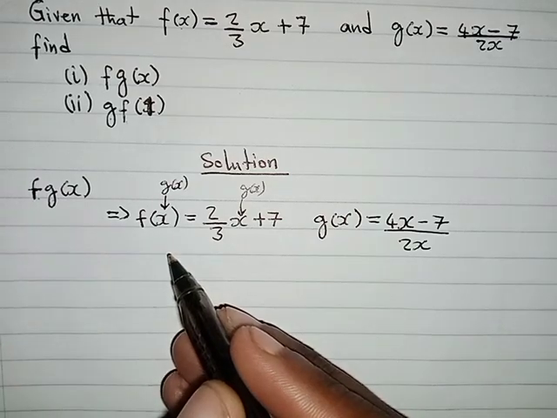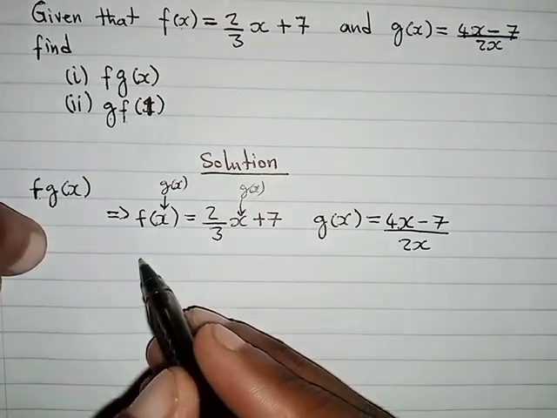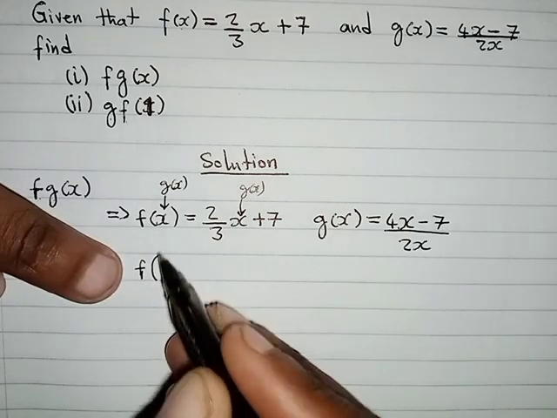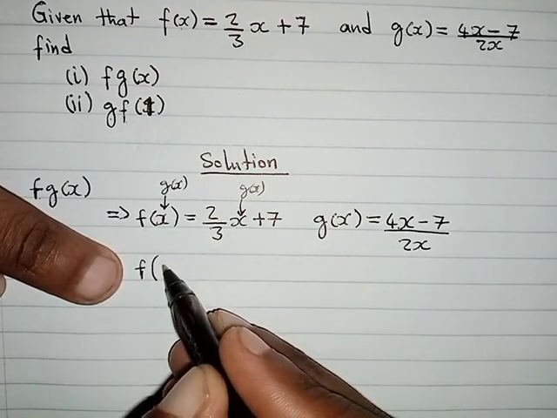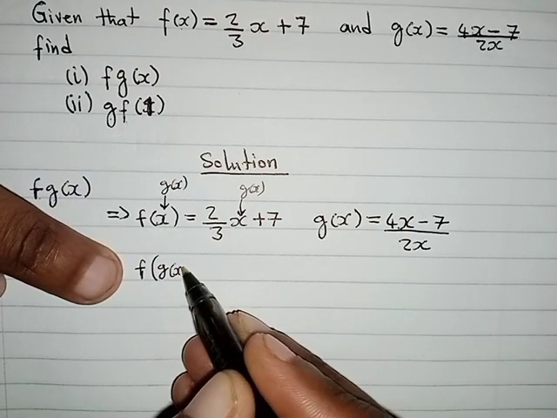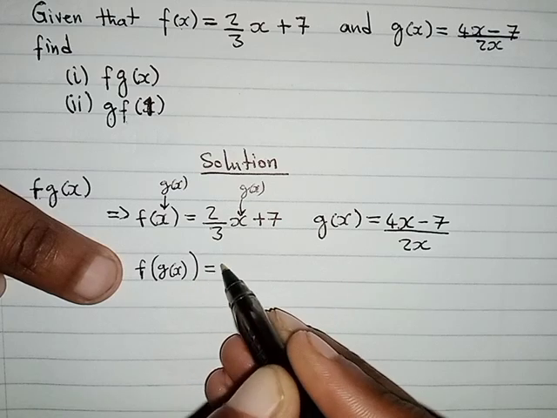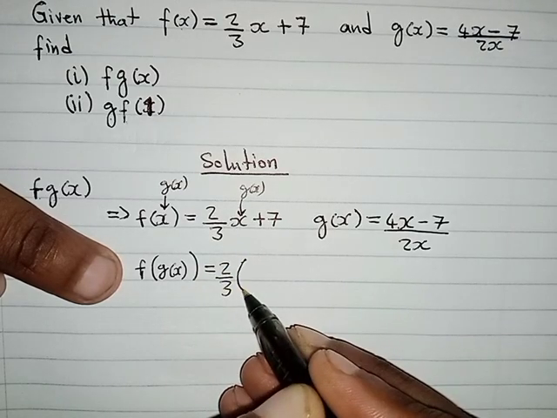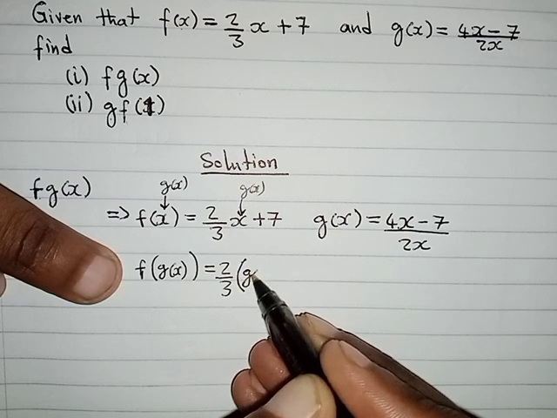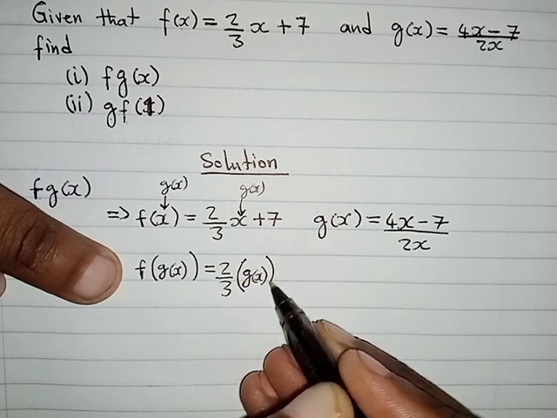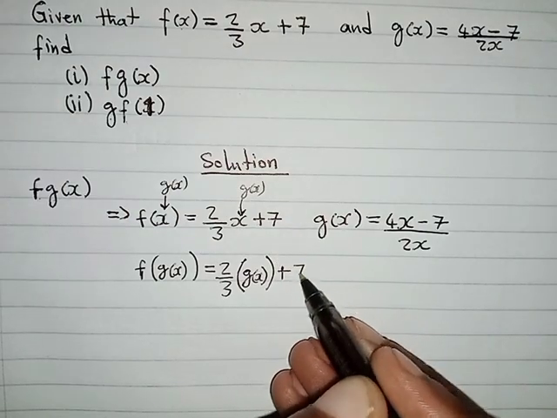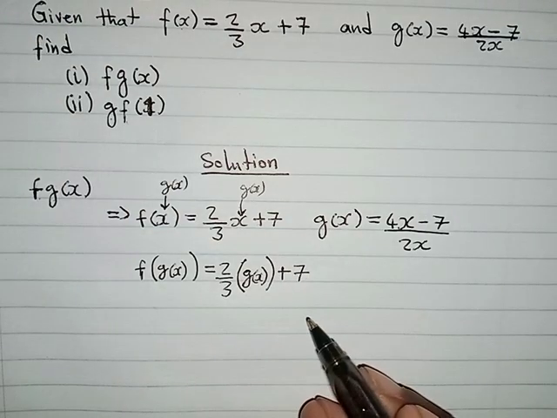When we do that substitution, the result should be f of g of x, where there's x we open parentheses, we remove the x and replace it with g of x, which is equal to 2 over 3 times g of x, then at the end here, we have plus 7.